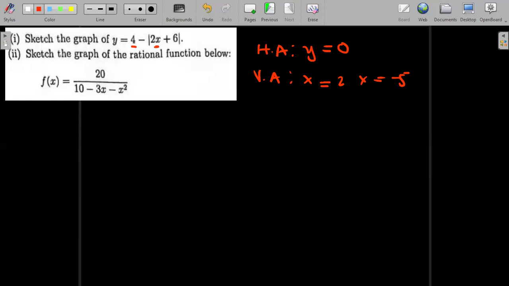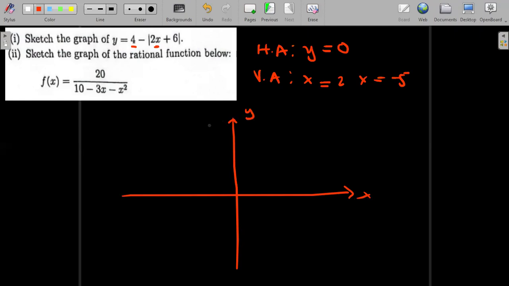So you draw your x-y plane, then you have a line at x equal to -5. So at this line, x equal to -5, we won't have any valid points. And you have another one, x equal to 2. So these are your two asymptotes.